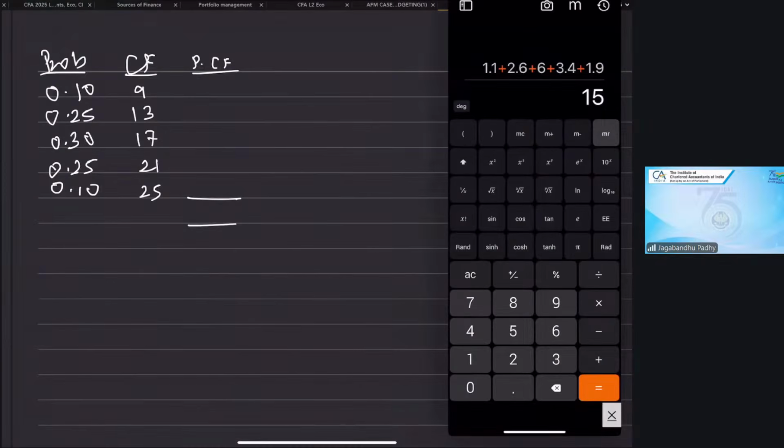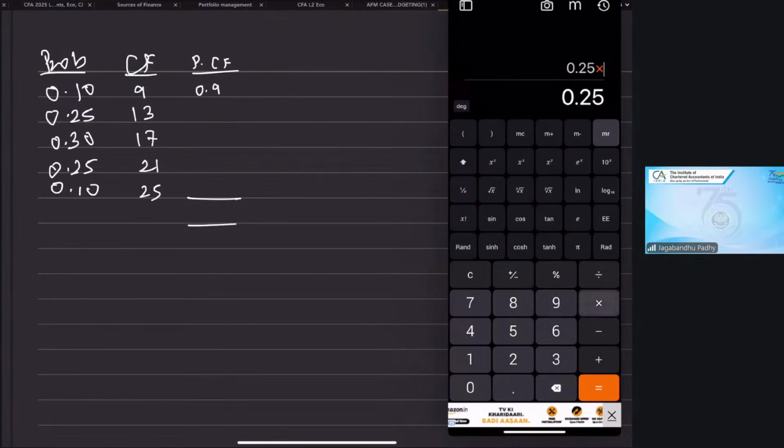It's going to be 0.9, 0.25 into 13 is 3.25, 0.3 into 17 is 5.1, 5.25, and 2.5.